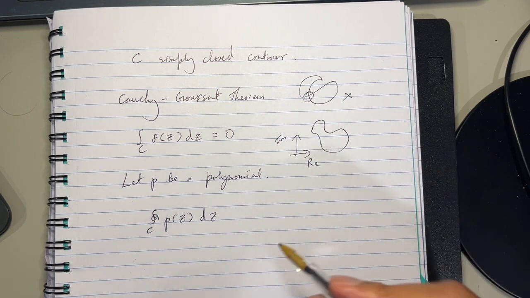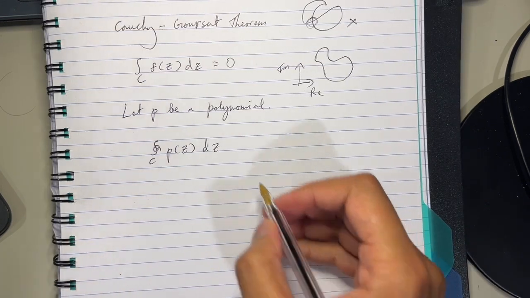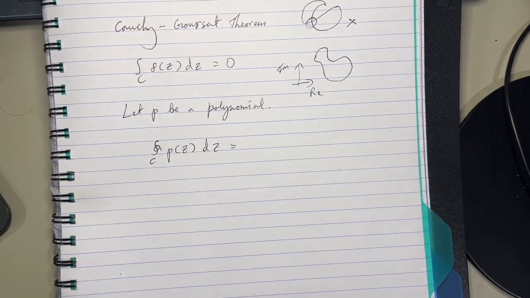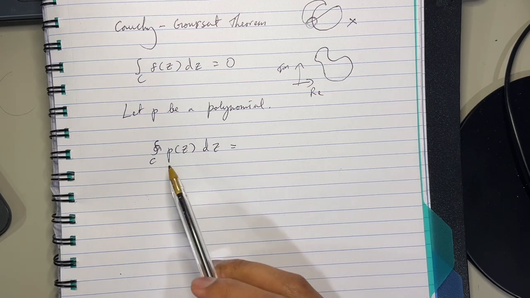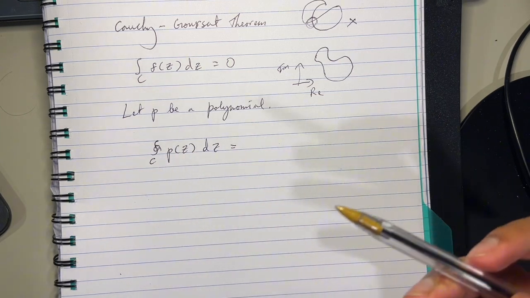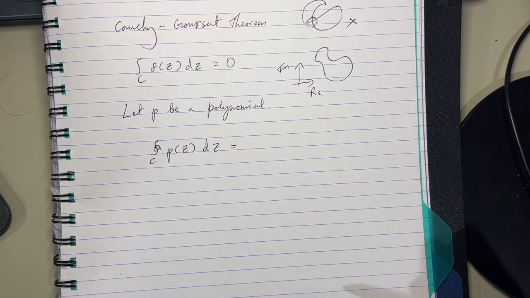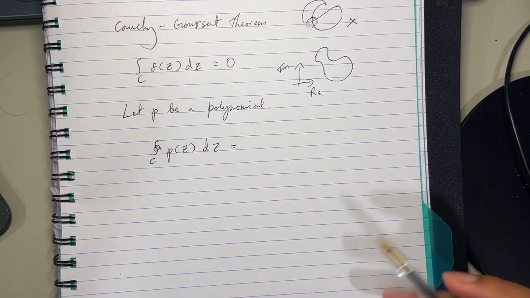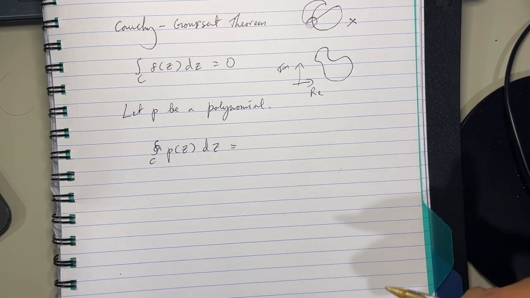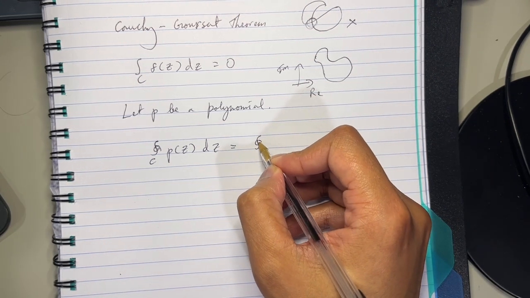contour is 0. The first step would be that we can actually write z as x plus iy, and dz as dx plus i dy. So we can do something like this.